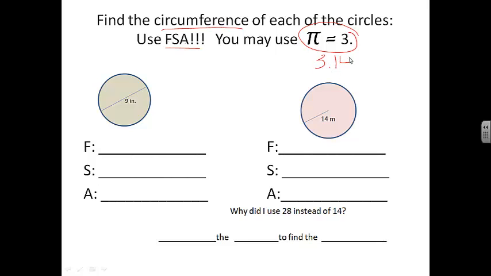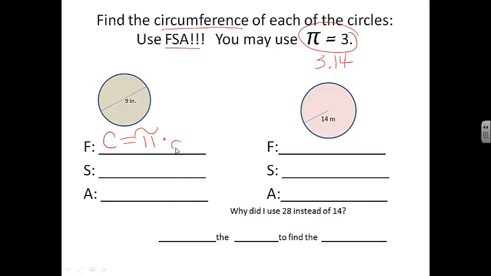It says pi equals 3.14. Do I necessarily like to multiply by decimals? No. It's just so much easier if we can round to 3 and get our answers close enough to our multiple choice answers that we can take a good guess here.